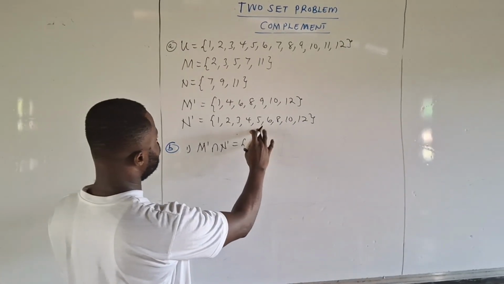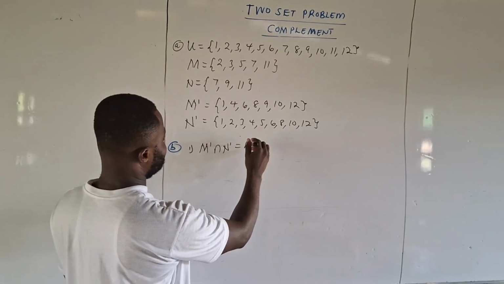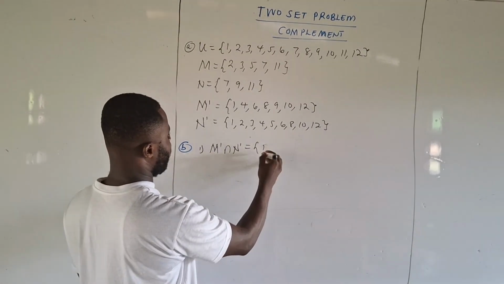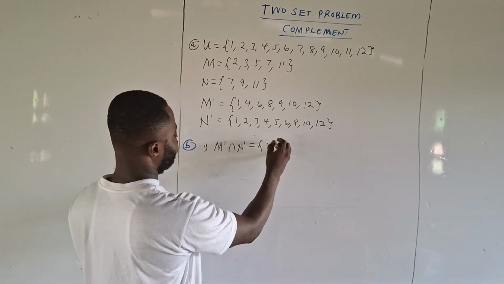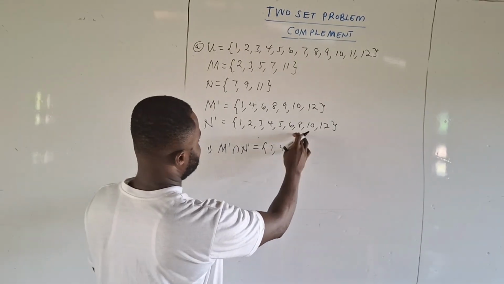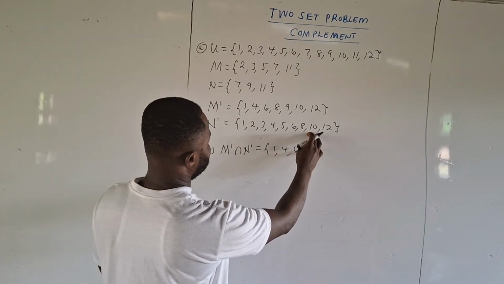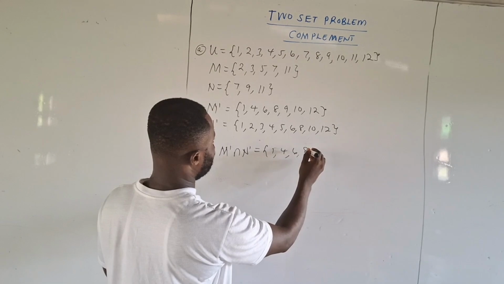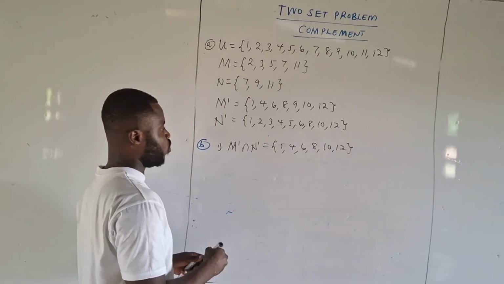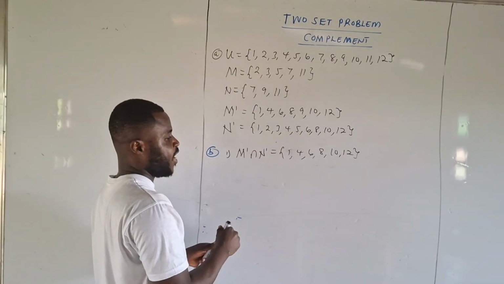When we look through from the lowest, we have 1. 1 is common. 4 is also common. Now 6 is common. Then we have 8. 8 is common. 10 is common. Then 12 is common. So this is M complement intersection N complement.